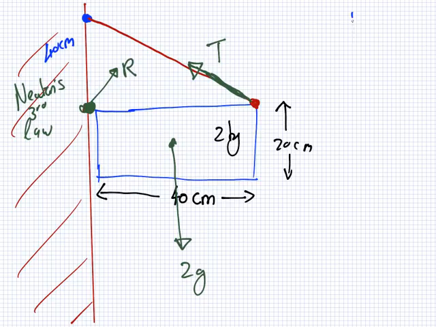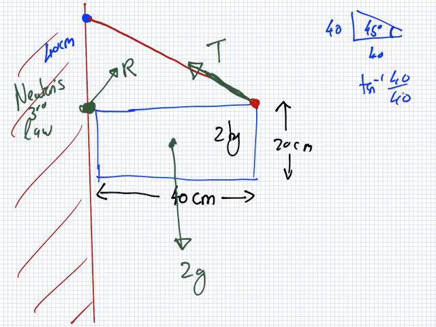So let me just draw this triangle on the right here. What's the height? 40. And the base? 40. So what's the angle here? 45. Yeah, tan inverse 40 over 40.